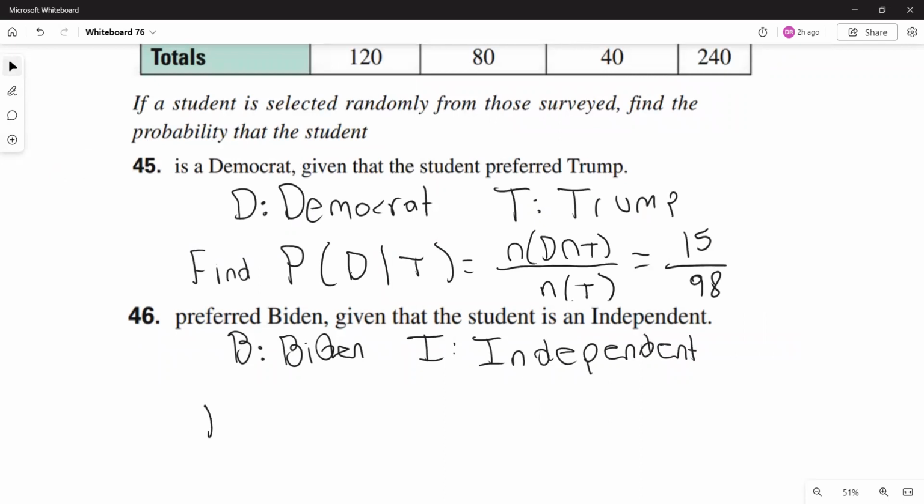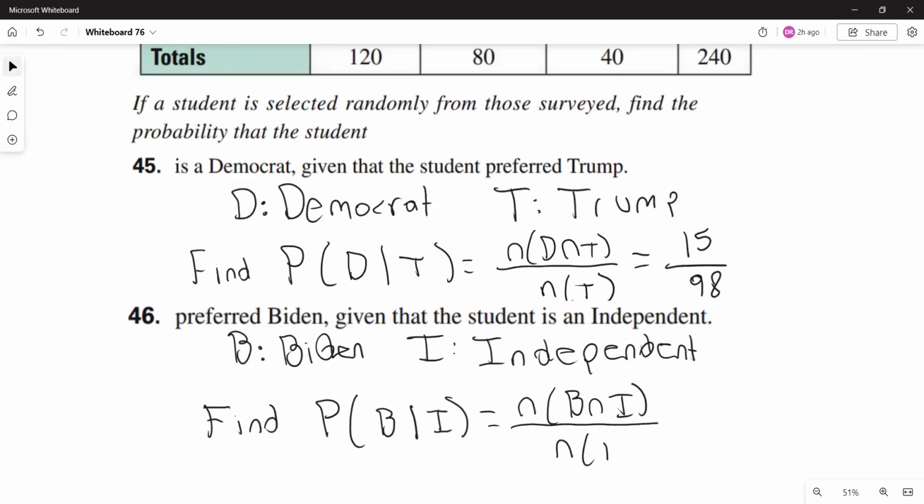And we want to find the probability that the student prefers Biden, given that the student is independent. That's going to be the number of people who prefer Biden and are independent over the number of voters that are independent.